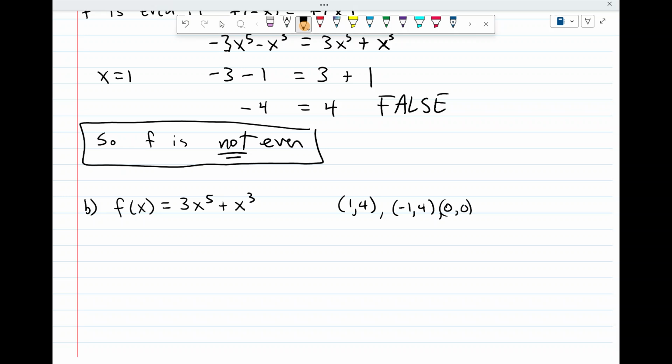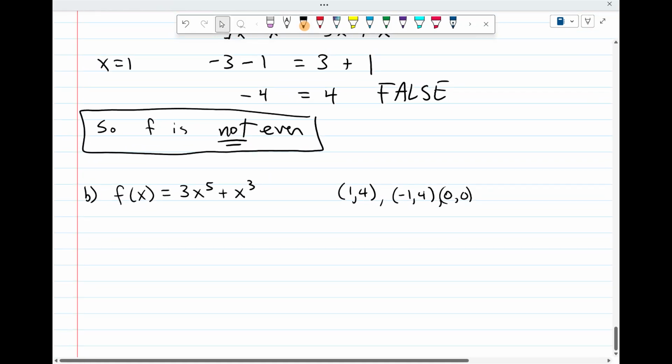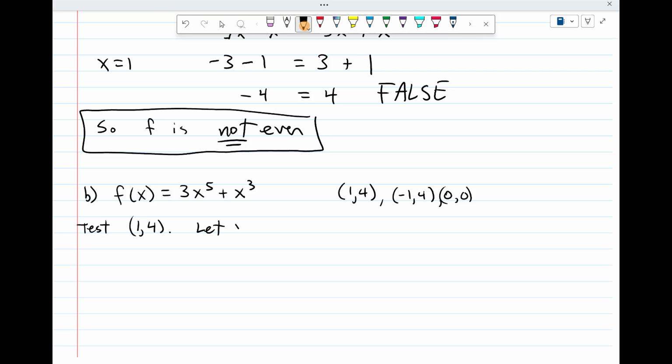Okay, first let's test 1, 4. So if we're going to test 1, 4, we're going to let x equal 1.